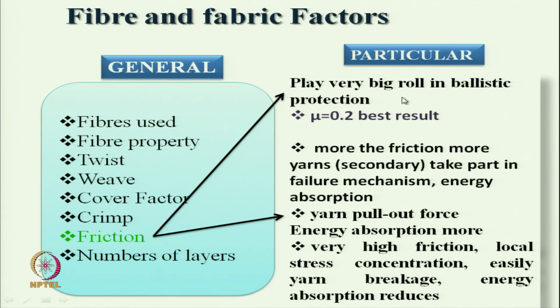Typically the friction should be around 0.2. More friction, more yarn engagement takes place, because at lower friction the individual yarns will start sliding against each other, and in case of lower yarn friction, individual yarn pull out may take place. Now, let us see.